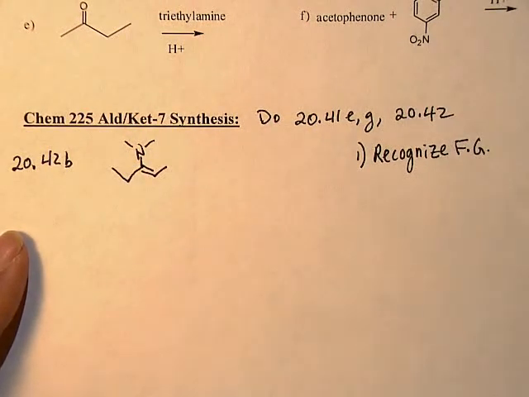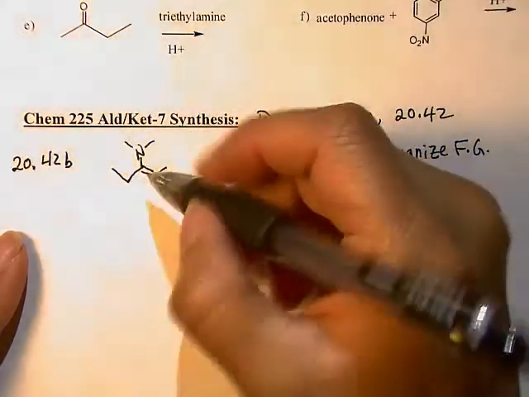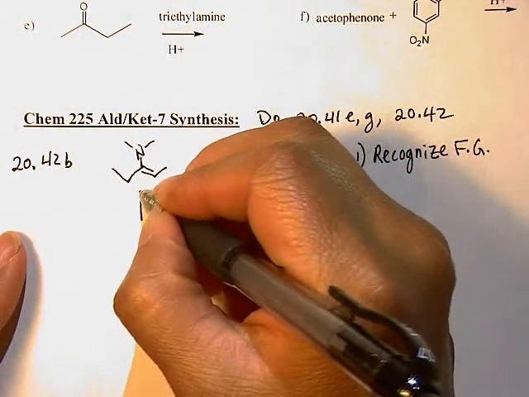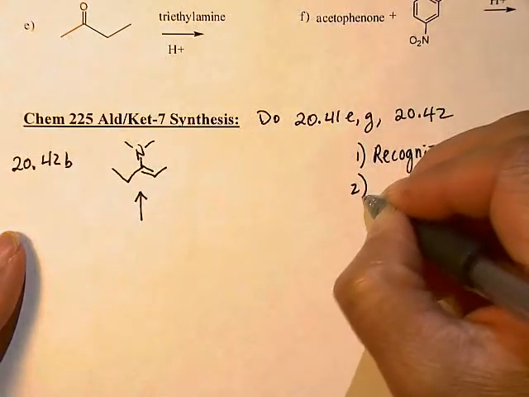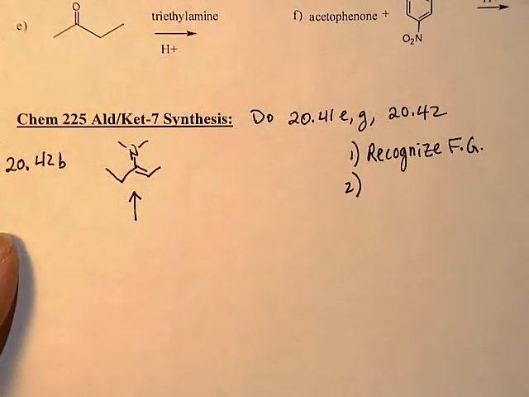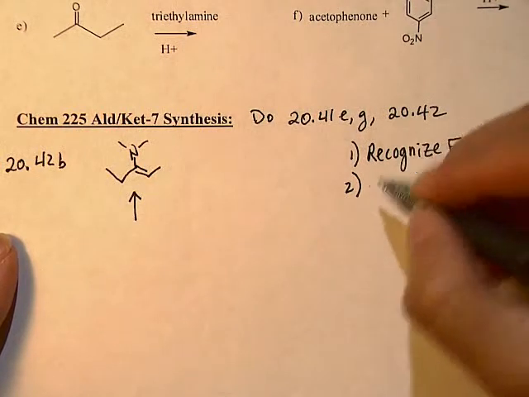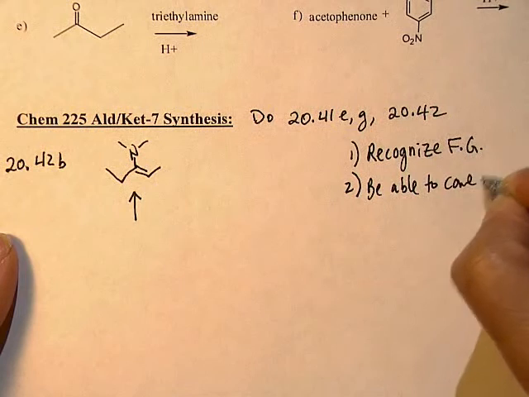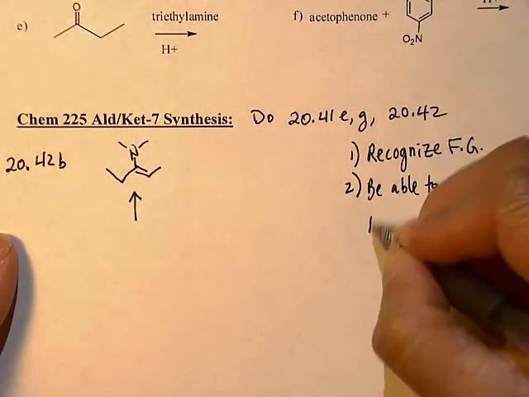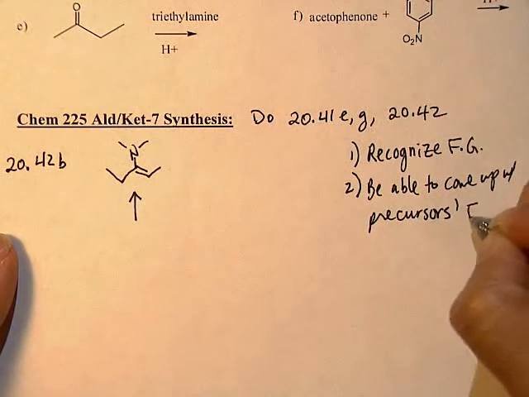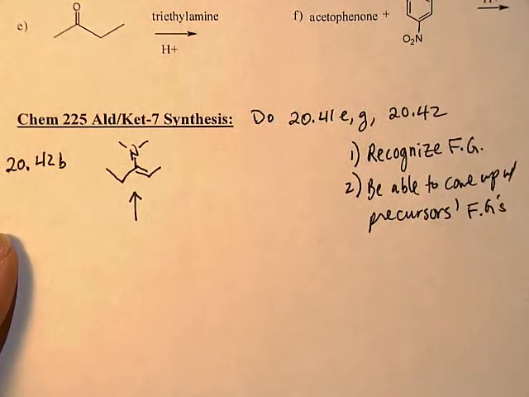All right, so right away you should recognize that this is an enamine. So therefore, you should have some idea how enamines are synthesized. So then the second step is to be able to come up with precursors, functional groups.